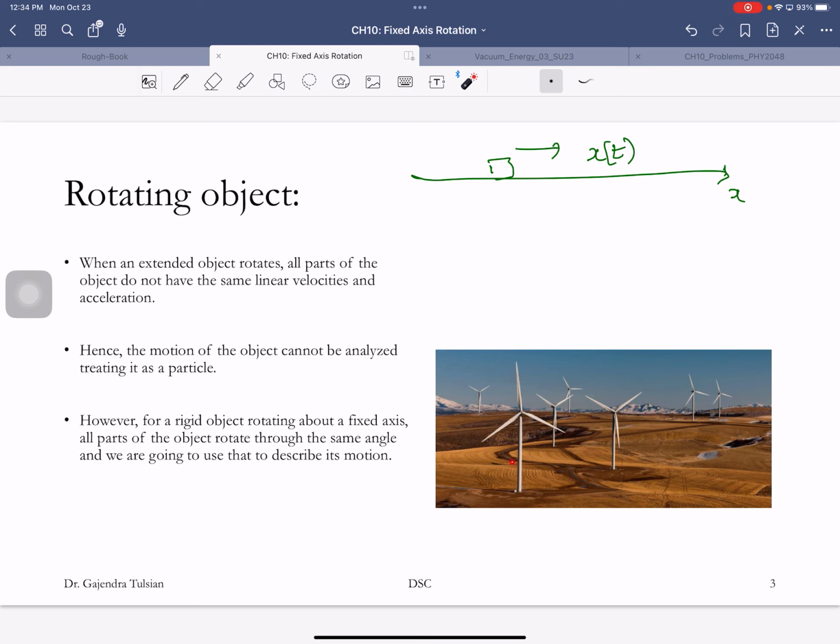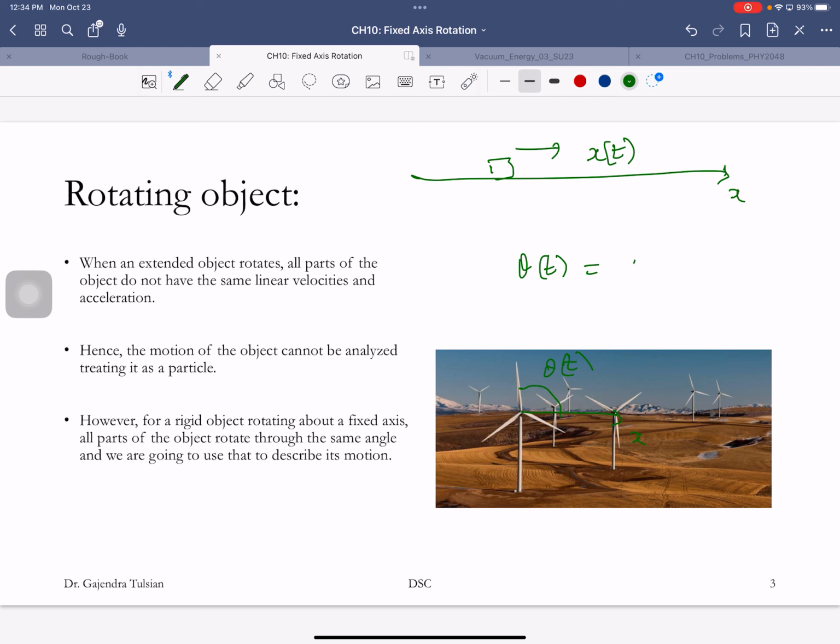It's turning like that and then goes back and forth like this. So you could measure the angle of this object with respect to an axis, let's say this x-axis. That would be the position of the object, and a general motion can be described by giving this as a function of time.